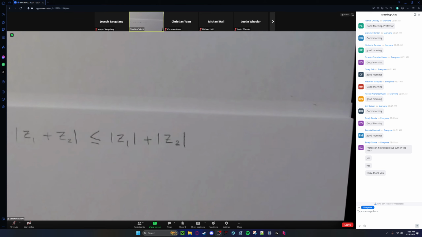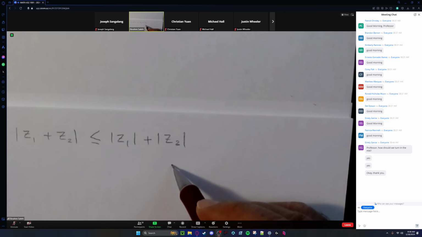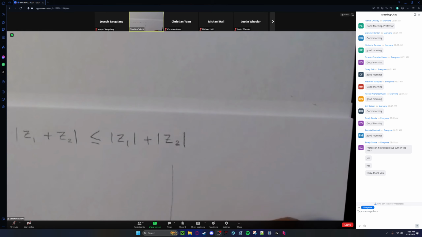Triangle inequality, all right? And we call it the triangle inequality, especially if you think about it as vectors. Here is, let's say, z1, and here is z2.